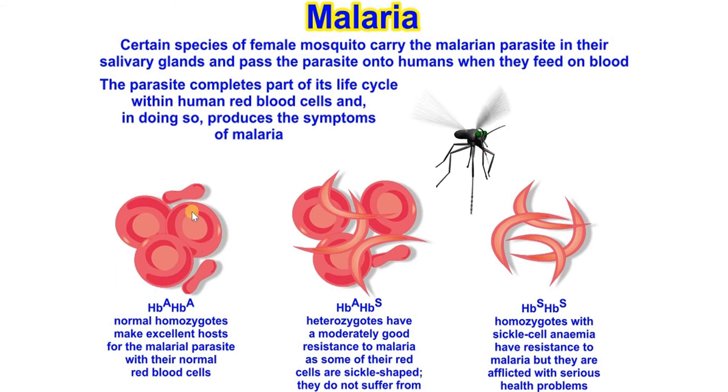So normal individuals are susceptible to malaria. Sickle individuals are very ill from sickle cell disease, but the heterozygotes are in the best position there. So in these places with malaria, there's a lot of people in this position, and if you think about it from natural selection, those will survive, those will reproduce, and they'll pass on these alleles to the next generation.